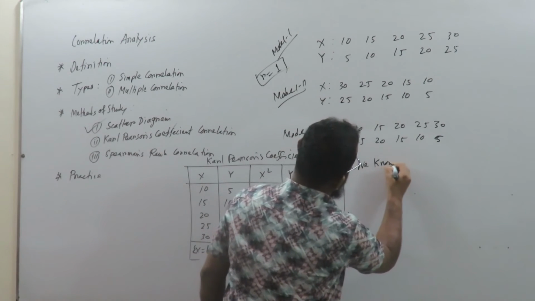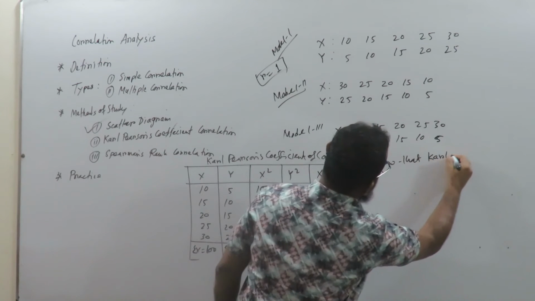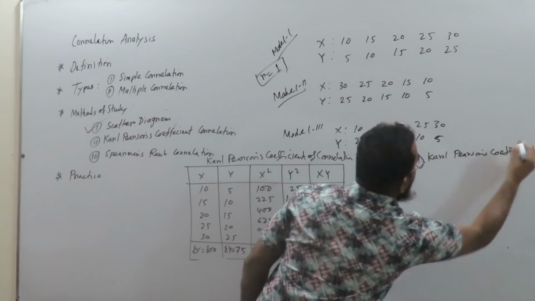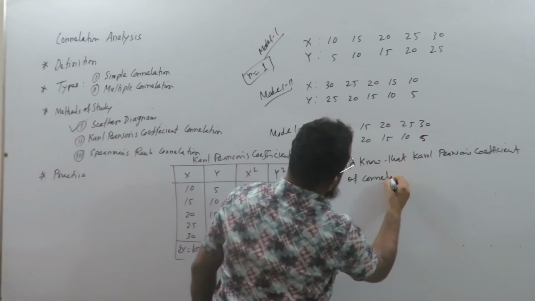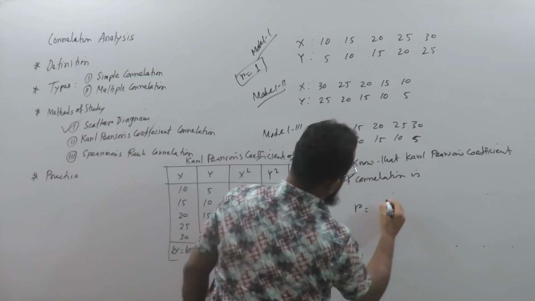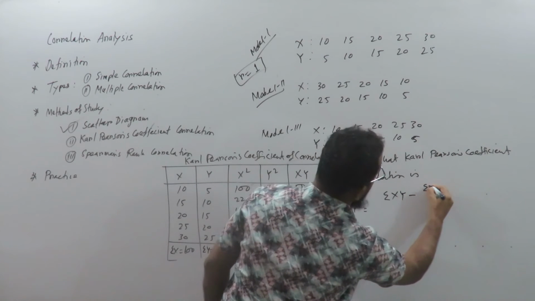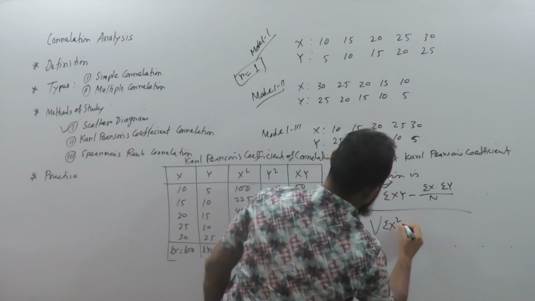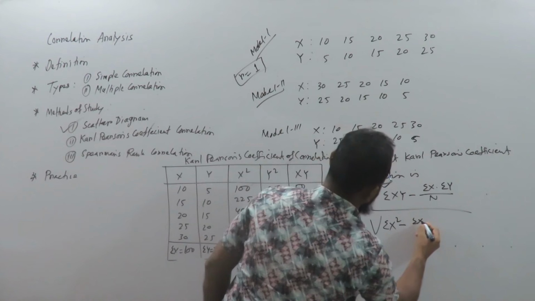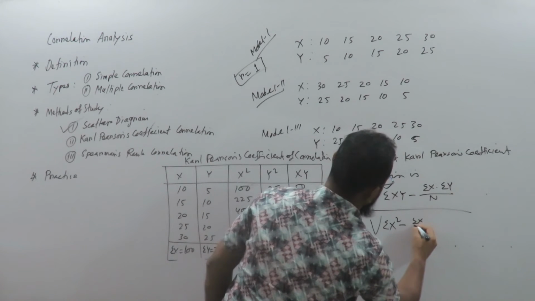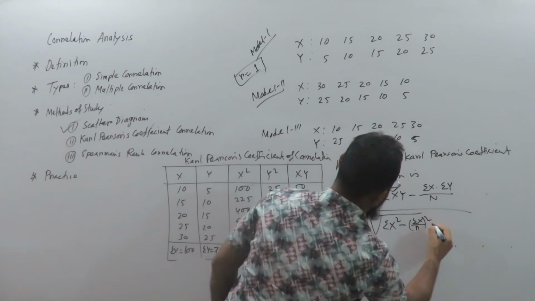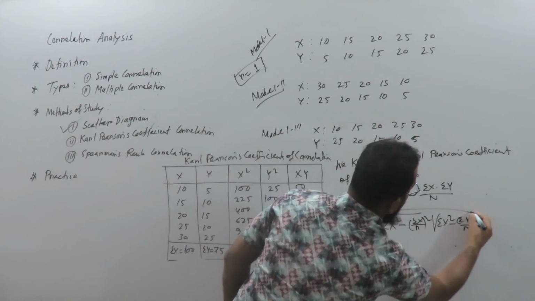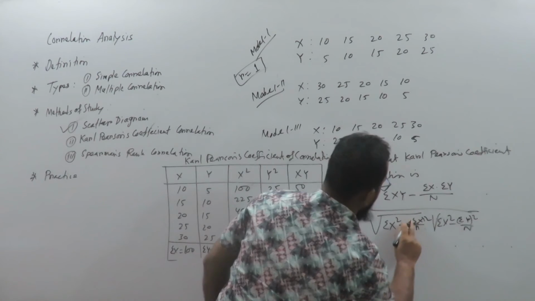We know that Karl-Pearson's coefficient of correlation is r equal to summation xy minus summation x into summation y by n, divided by root over summation x square minus summation x whole square by n, into summation y square minus summation y whole square by n.